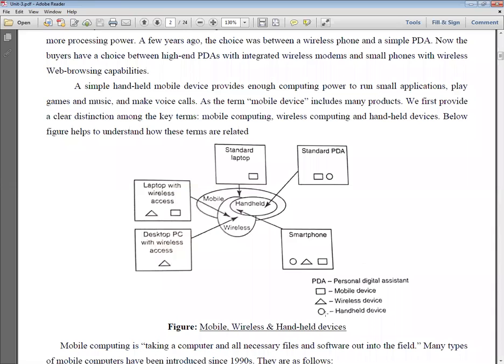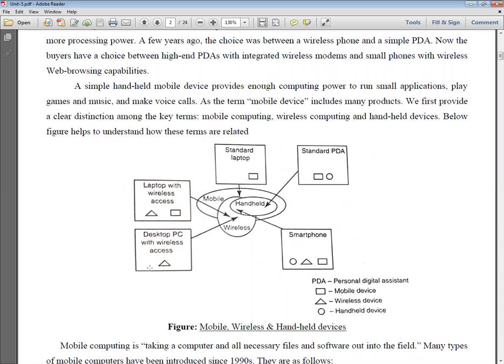So in this particular diagram there are four concepts. The PDA represents the personal digital assistant, and there are three symbols categorized: the square is a mobile device, the triangle represents the wireless device, and the circle represents the handheld device.